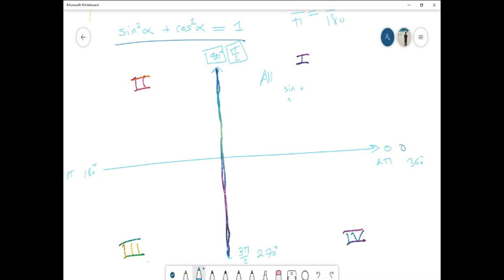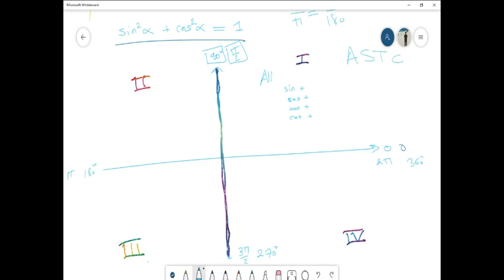Before that, let me write it here. In the first section, all of the signs are positive. Sine is positive, cosine is positive, tangent is positive, and cotangent is also positive.